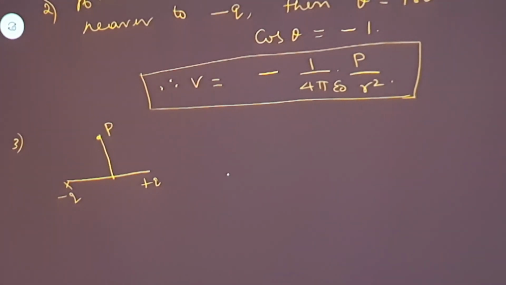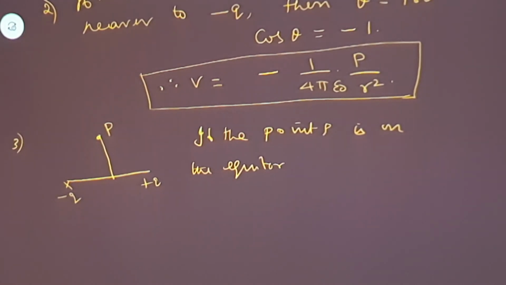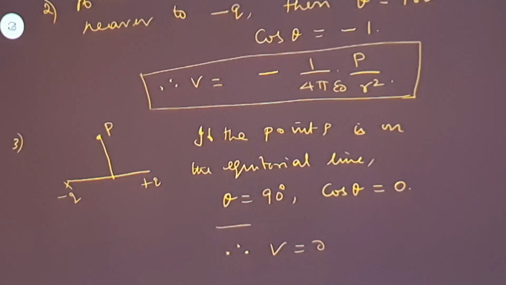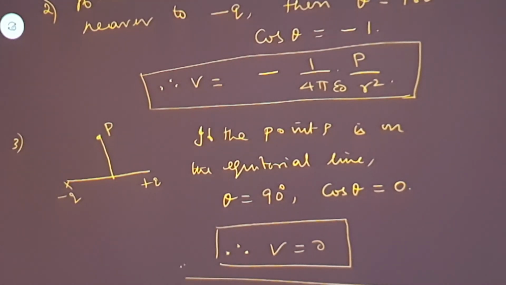If the point P lies on the equatorial line, then theta will become 90 degree. If theta is 90 degree, cos 90 is equal to 0. Therefore, the potential V is also equal to 0.